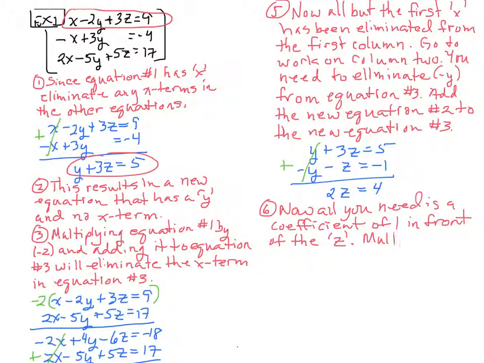Multiply by 1/2 or divide by 2. And so we have 2z equals 4. And you're going to divide by 2, because we all like that better. And you finally get z is equal to 2. That's a terrible 2.